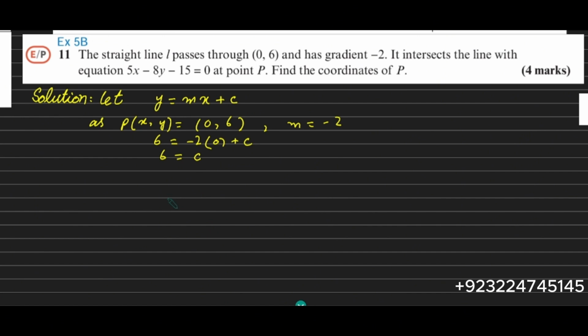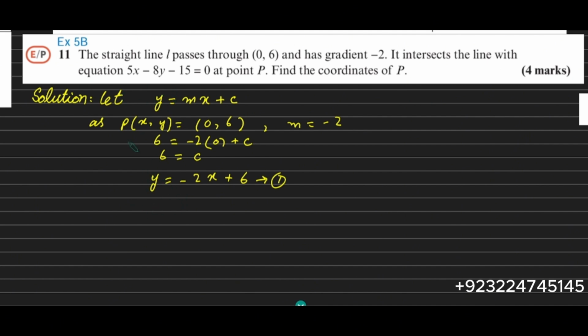We write the equation of the first line, which will be y equal to minus 2x plus the value of c, which is 6. This is number 1. Now it intersects the second line.